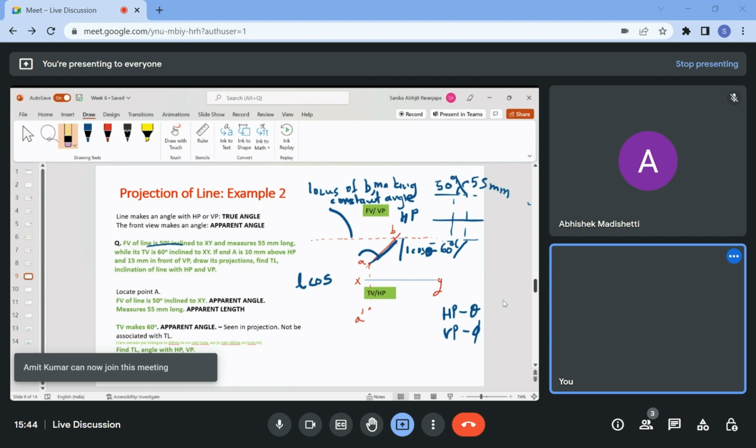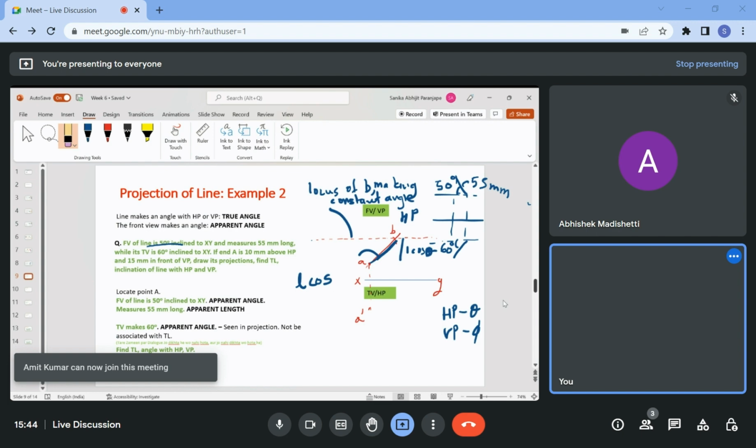If I want to see the true angle with respect to VP, when will I see it? When the line is parallel to HP. So what do I need to do? I need to rotate the projection of this line in VP so that it is parallel to XY. The projection of this line in VP is AB. So first we rotated A dash B dash, which was this rotation. Now I'm going to rotate this AB over here.